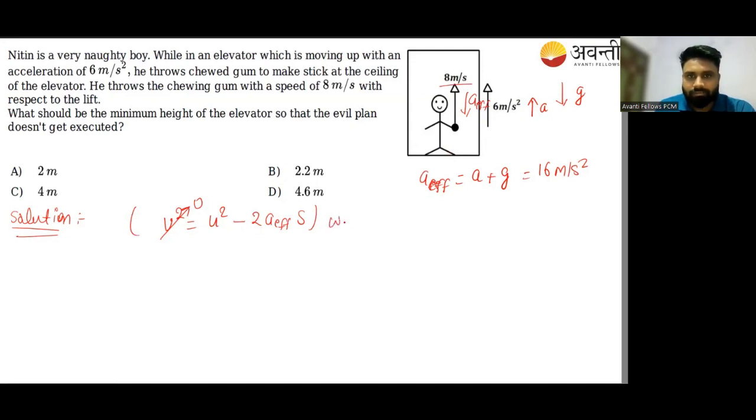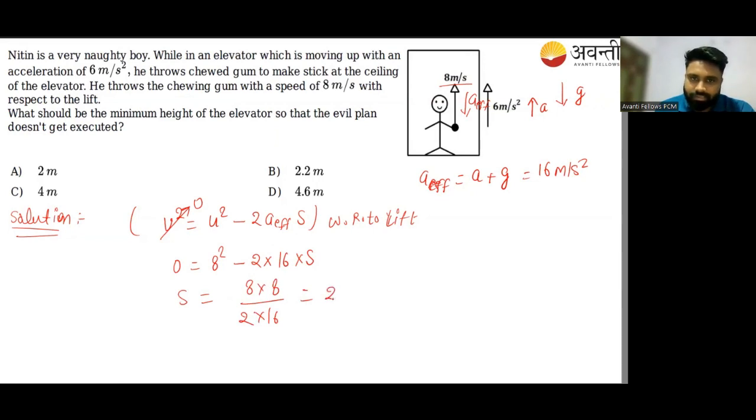We are applying this equation with respect to the lift. So 0 equals 8 square minus 2 times A effective, which is 16, into S. So S here is 8 into 8 divided by 2 into 16, which results in 2 meter. So A is the correct option.